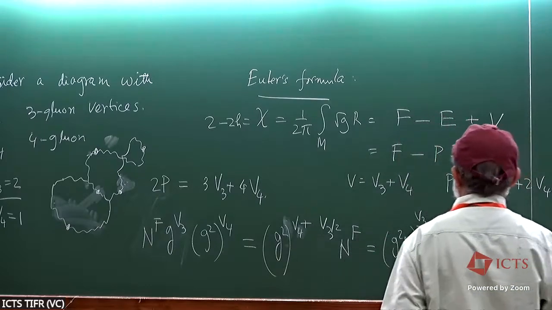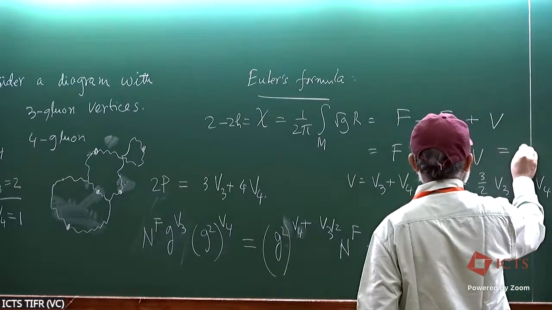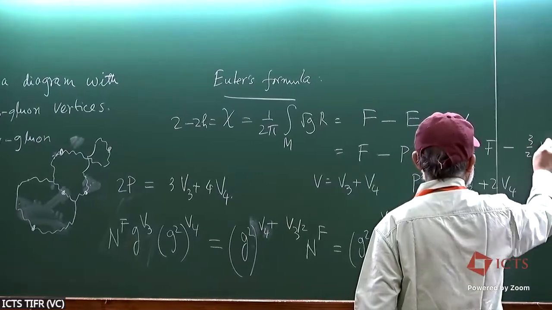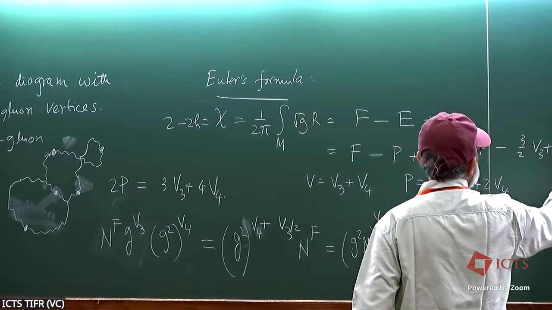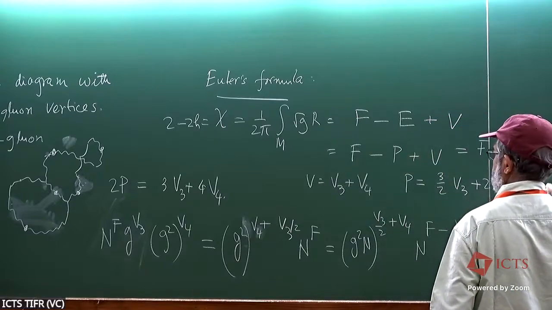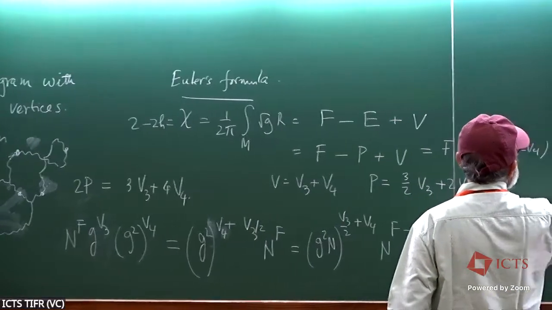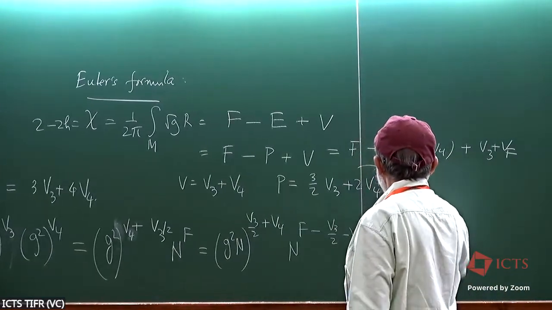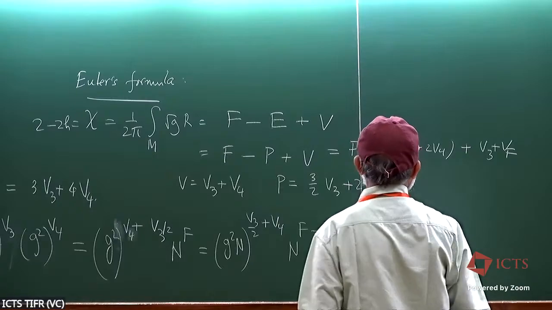Okay, so let's subtract these things here. So I get f minus 3 by 2 v3 plus 2v4 plus v3 plus v4, right? So then I get, what do I get?